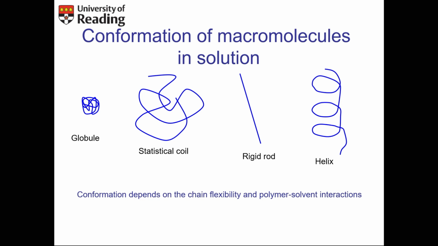Then coil or statistical coil, when the macromolecule is swollen in a solvent. Some specific macromolecules, for example rigid chain polymers, could have a conformation of rigid rod, and some biopolymers could have a helical conformation, a helix. Typically, conformation will depend on the chain flexibility and also on polymer-solvent interactions.